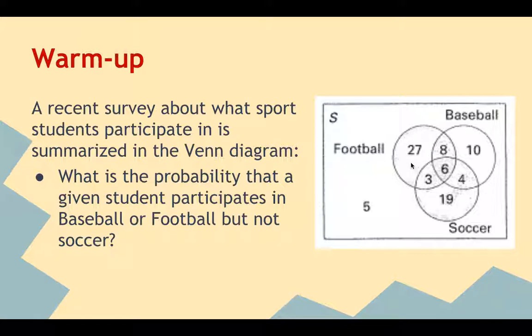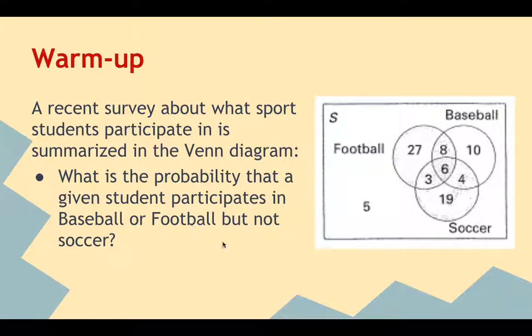If you're in this group of 27 students, these are football players who don't play baseball or soccer. But these 8, 6, and 3 are also football players, who could play baseball or soccer. Together, they make all the football players. There's more than 27: there's 30 plus 8 plus 6, which is 44. That's the number of football players.